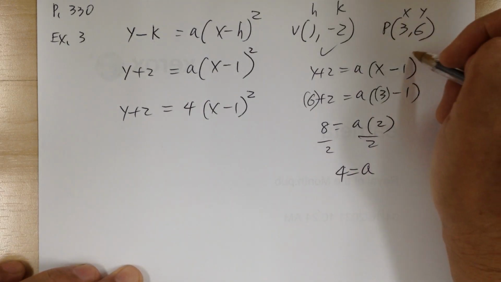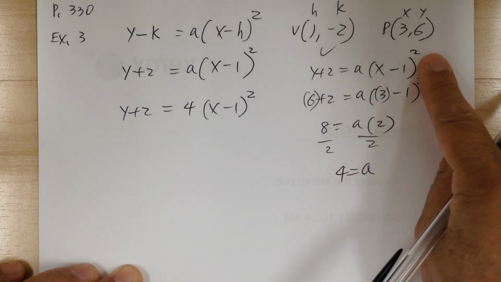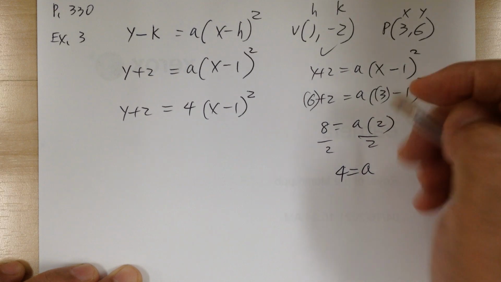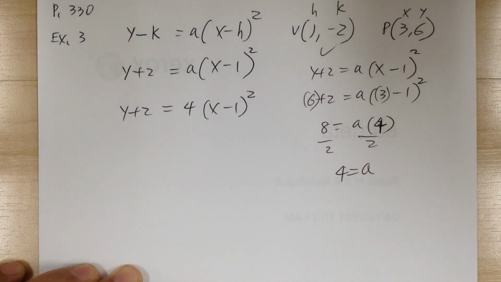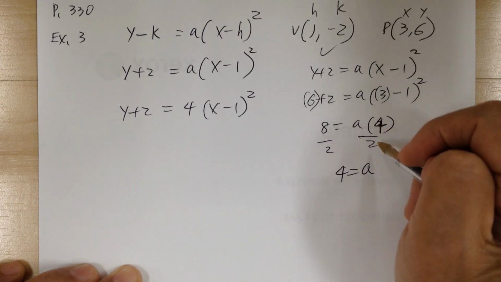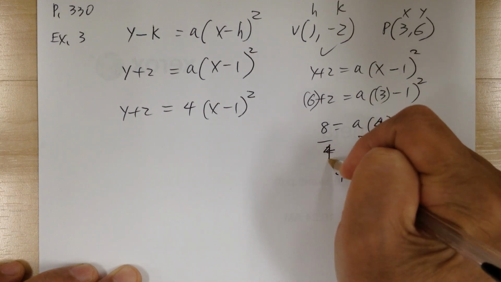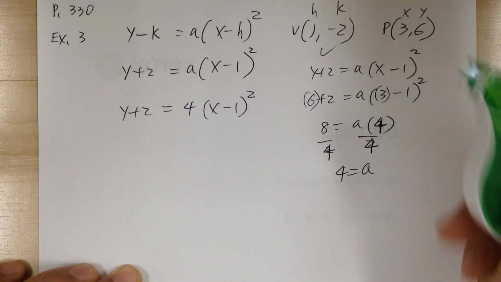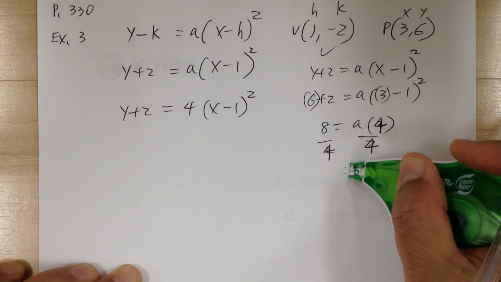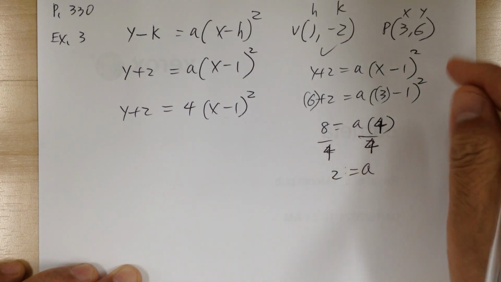Oh, I forgot the square. So you have to have a square, so this would be 4, and we have to divide by 4. So a equal to 2.